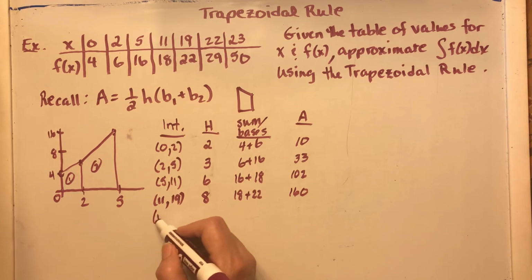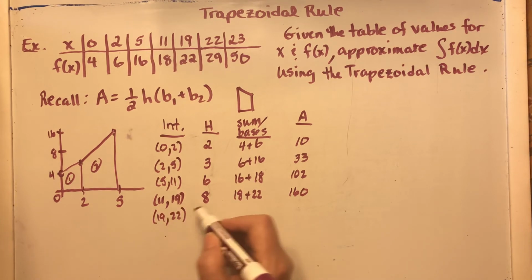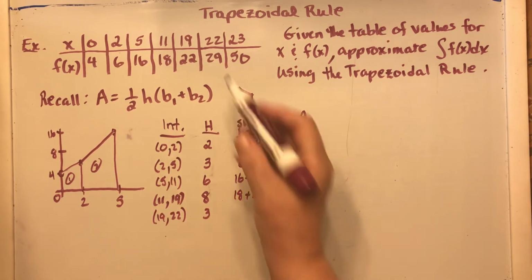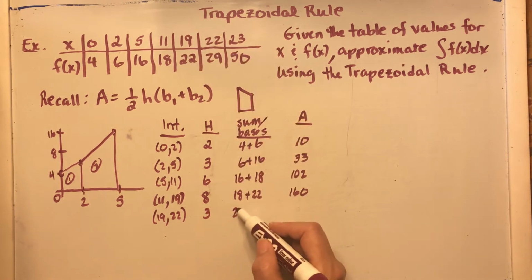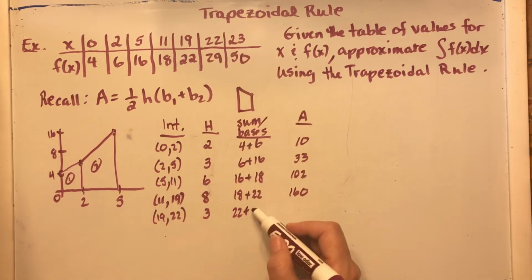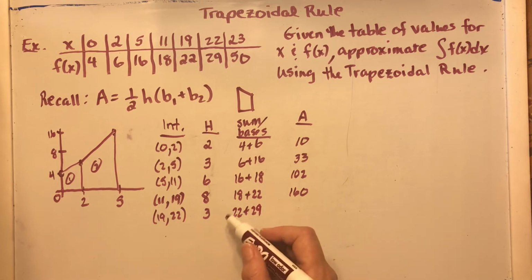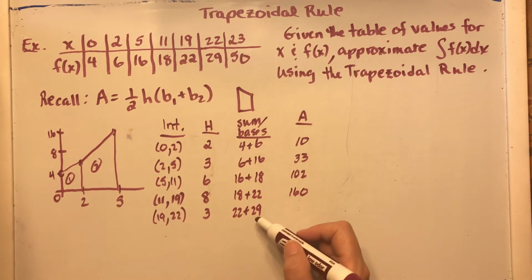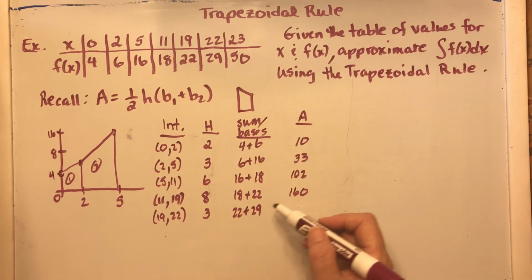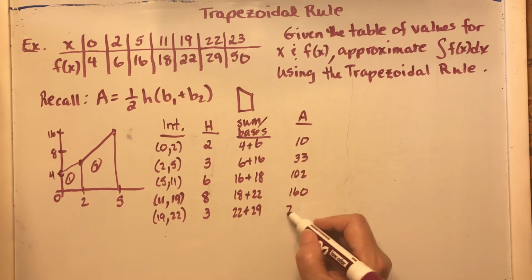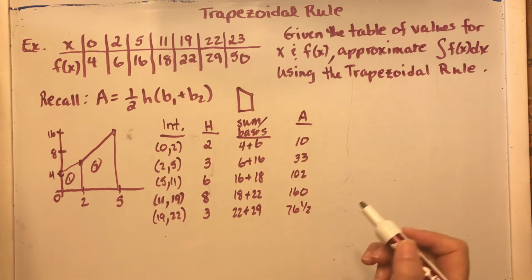From 19 to 22 is our next interval. That's a length of 3. The y value at 19 is 22. The y value at 22 is 29. So now we're going to do 1/2 of 3 times 51. So this is our first one that's not going to be an integer, but that's going to be 153 over 2, and I'm actually going to write that as 76.5.